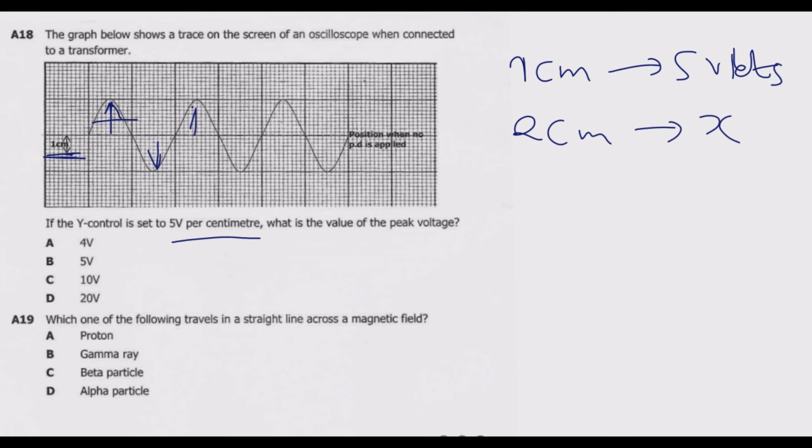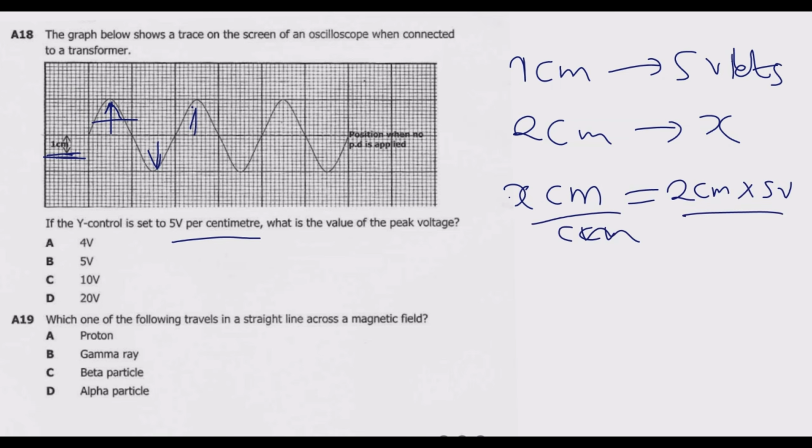X. So we cross multiply: x times 1 centimeter is equal to 2 centimeters multiplied by 5 volts. We divide by centimeter on both sides. So x is equal to 2 times 5 volts, which is 10 volts. So 10 volts is basically the best answer, which is C.